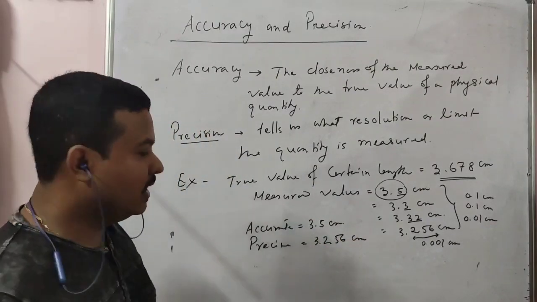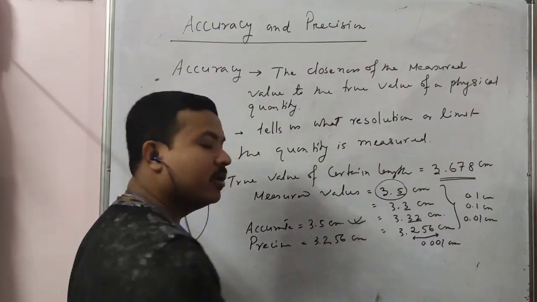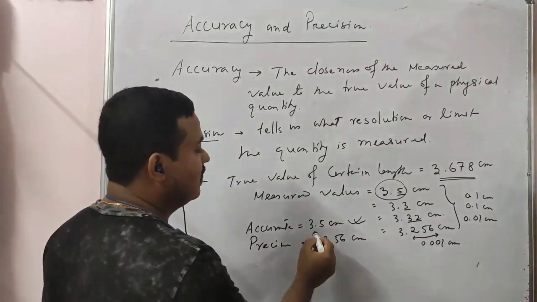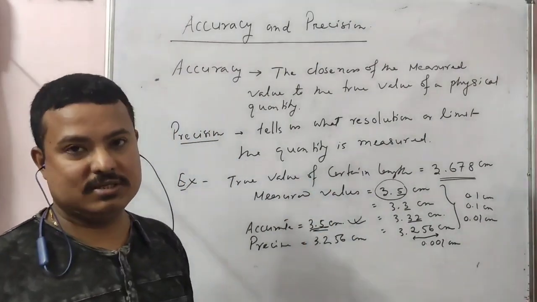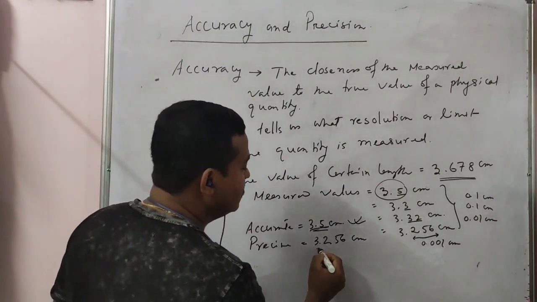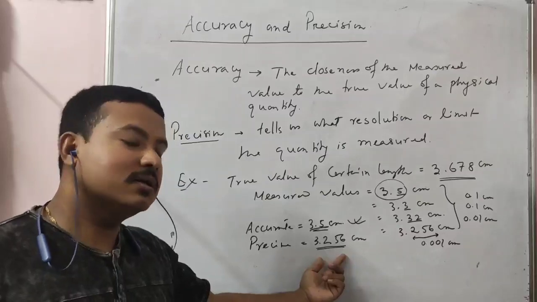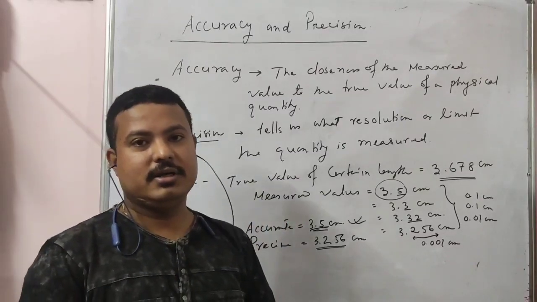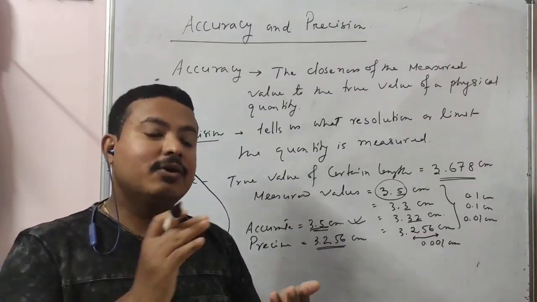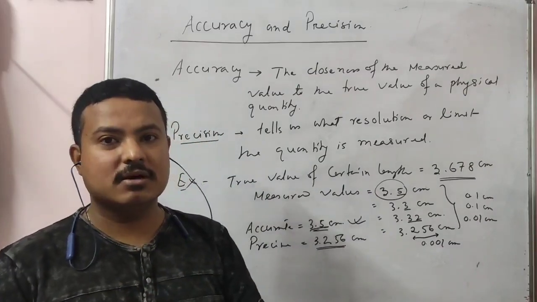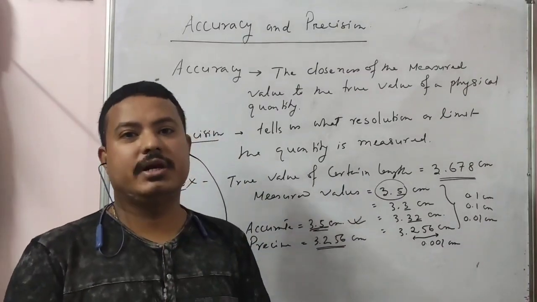So here you can say this is more accurate but less precise. Similarly, this is more precise but less accurate. So you can say that accurate may not be precise or precise may not be accurate.